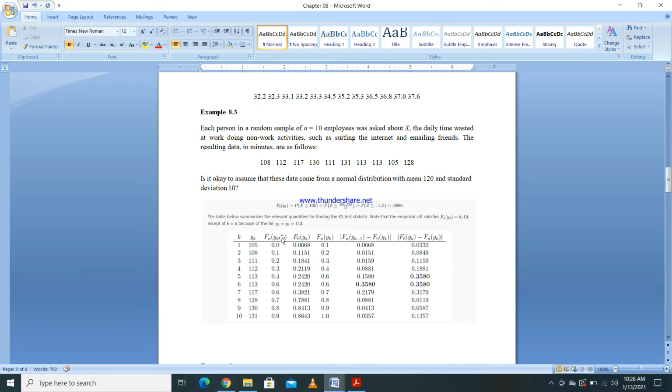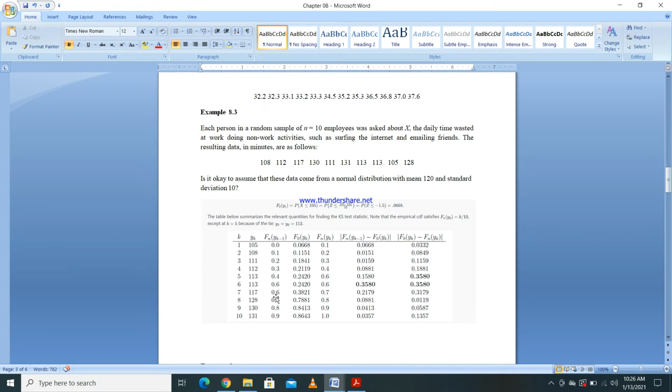Right, so yk minus 1 means, if you take the first value, any value less than 105, the empirical distribution function should be 0, because 105 is the minimum value. And if you take 108, yk minus 1, then it would be 0.1.